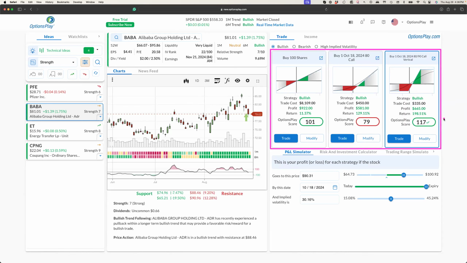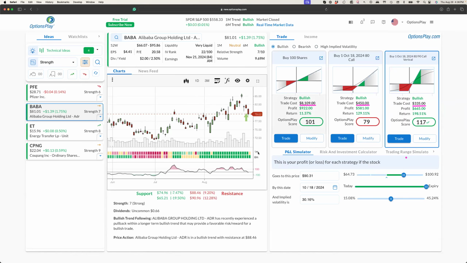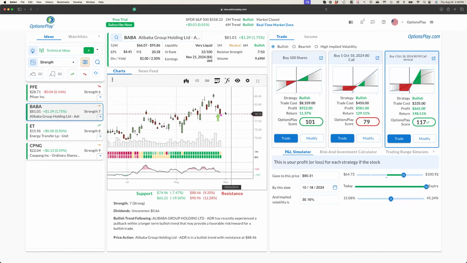a bullish thesis on Alibaba. So you can buy 100 shares of the stock, which will cost you about $8,100. Buy a call option will cost you $450, and buy a call spread will cost you $335. And the goal here is to show you, if, let's say, the stock does reach a new high, let's say it goes back to $86, $87, right?